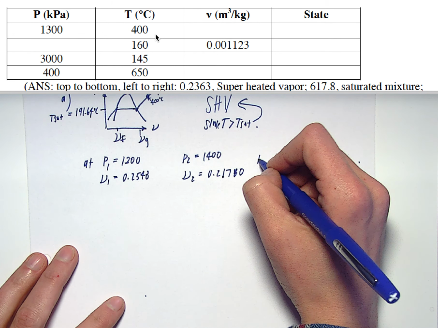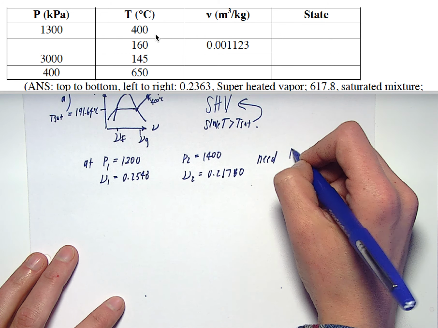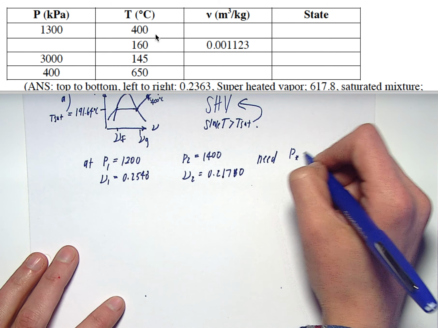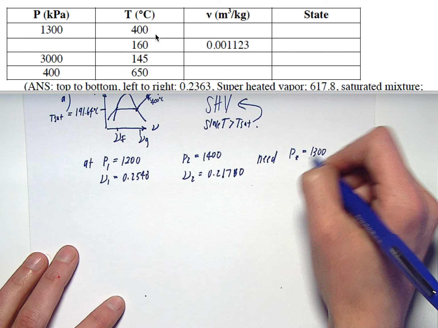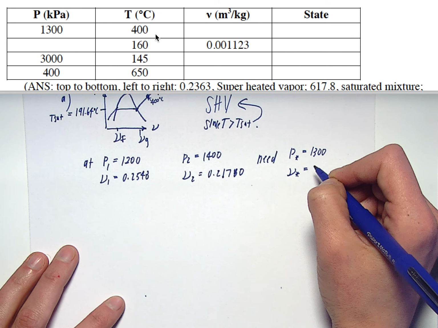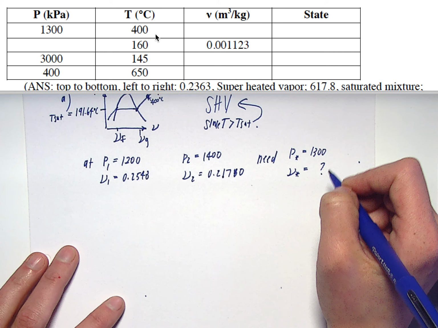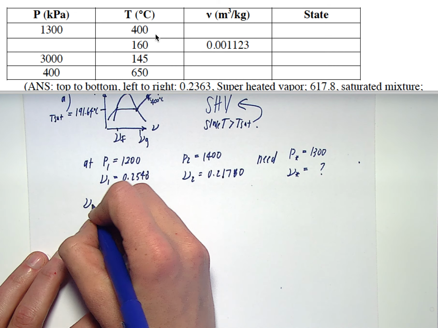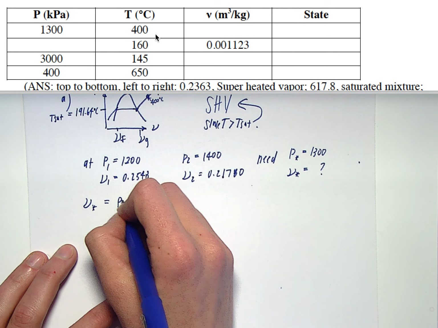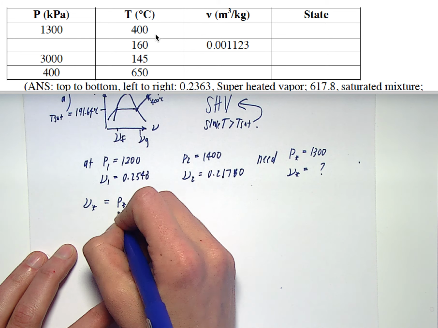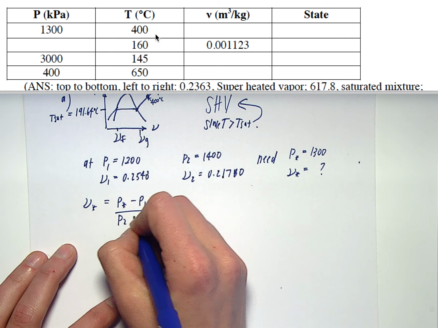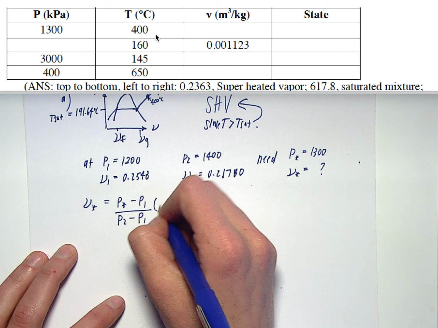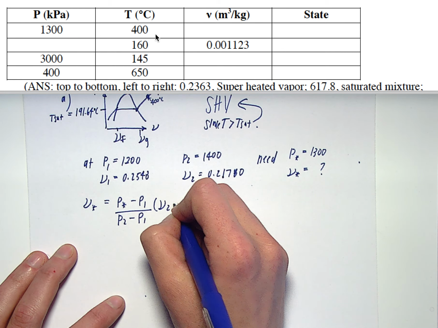And we need P star, which is 1300. So we need the v value for that. So the interpolation formula looks like this when you have pressure and specific volume.